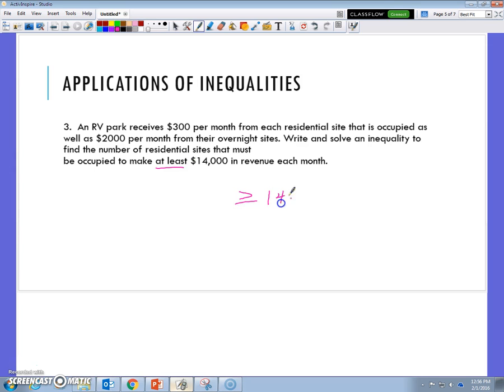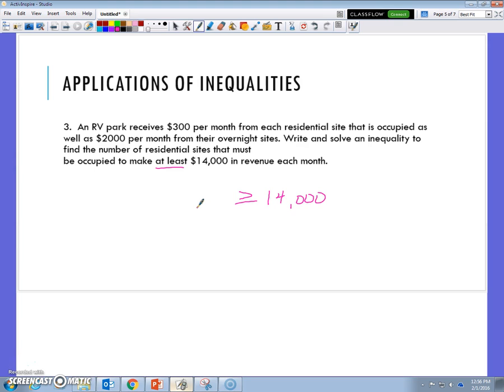So I'm going to start with this guy right here. At least 14,000. Whatever I make has to be bigger than or equal to 14,000. It looks like it says they receive $300 per month for each residential site that is occupied, as well as $2,000 per month for overnight sites. Right?